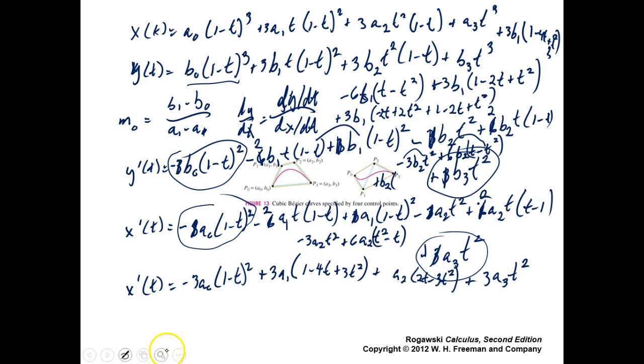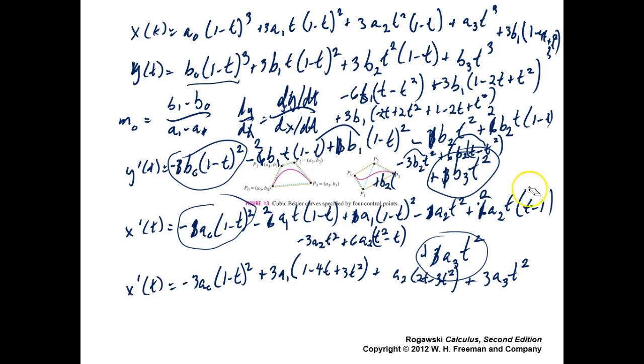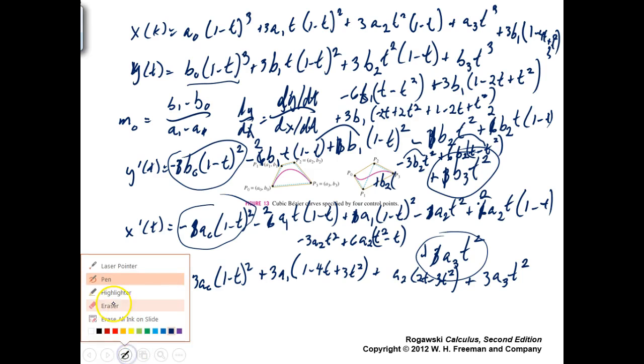But I don't think I made that error anyway. I think it's 6a2, and it's not t squared minus t, it's t minus t squared.